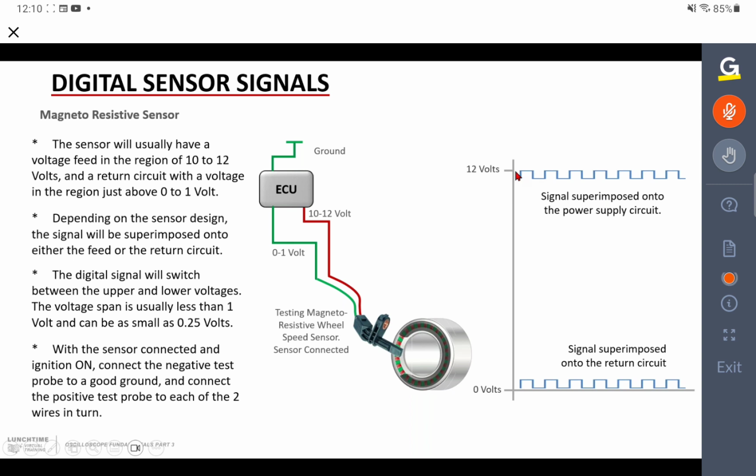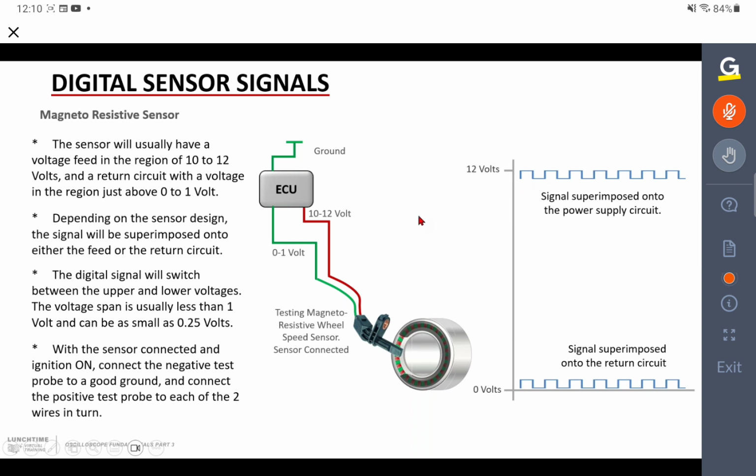As we're showing there with my pointer, it starts at 12 volts, and as the wheel or bearing is rotating, it only drops down about 0.8 of a volt. That's the typical value. So it will go from 12 volts down to just almost 11, back up to 12. So we're still getting a digital signal, but it's not a true on-off pulse. It's just an oscillating voltage between around about 12 volts and just above 11.